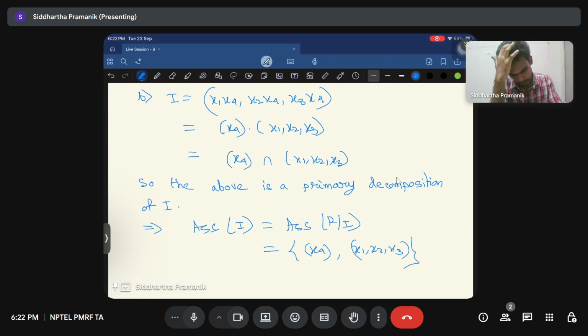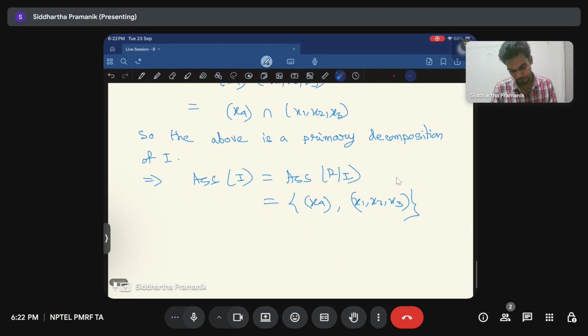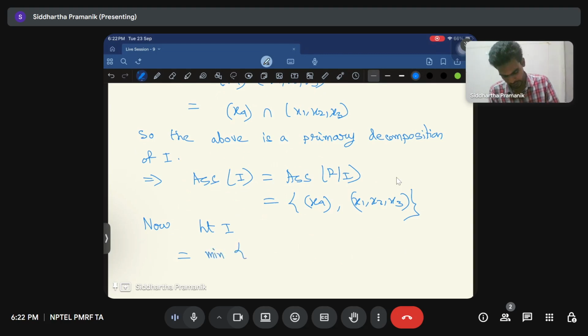So both are actually minimal primes of R mod I because they are incomparable. So now height of I is basically, by definition, the minimum of height of P such that P belongs to variety of I.